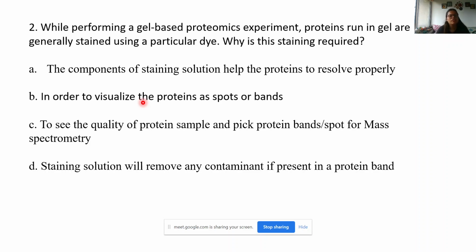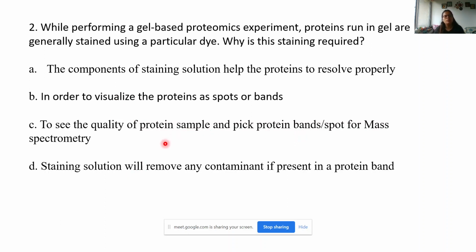Any other options also? There is also one more option. The second is to see the quality of protein sample and pick protein bands or spots for mass spectrometry.